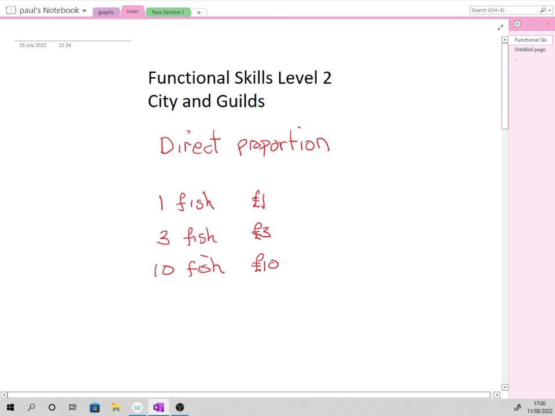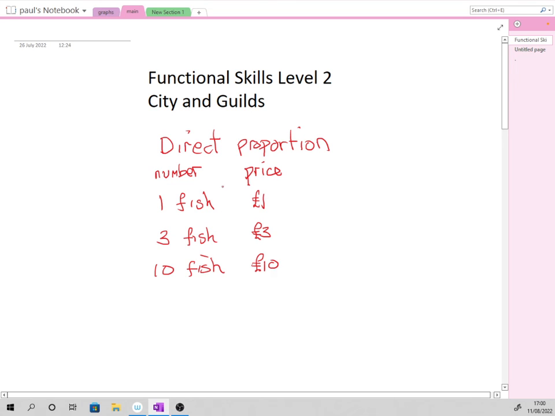So the price you pay here is directly in proportion to the quantity of fish you buy, as long as the fish is always going to be £1.